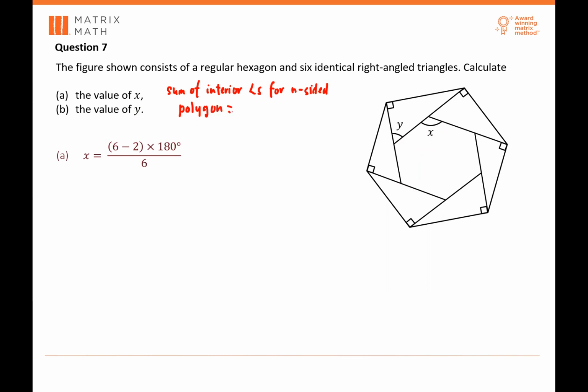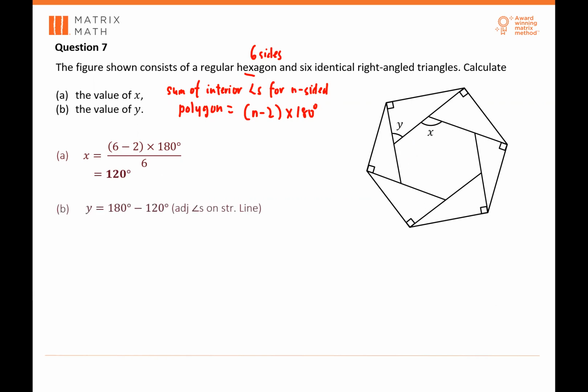So what's the formula for this? n minus 2 times 180 degrees. Okay, so because a hexagon has 6 sides, I take 6 minus 2 times 180 to find the sum, and then I divide by 6, because I'm trying to find one angle of my hexagon. Okay, the interior angle, so I get 120 degrees.